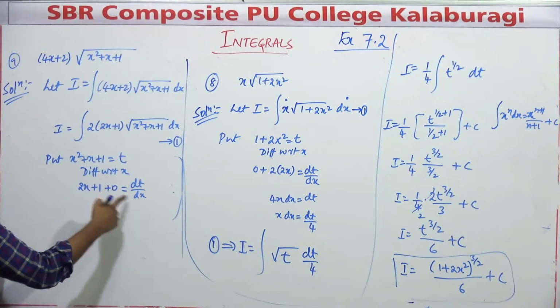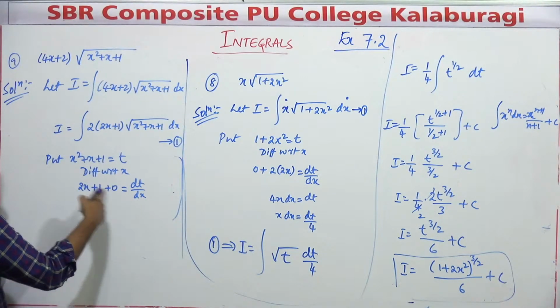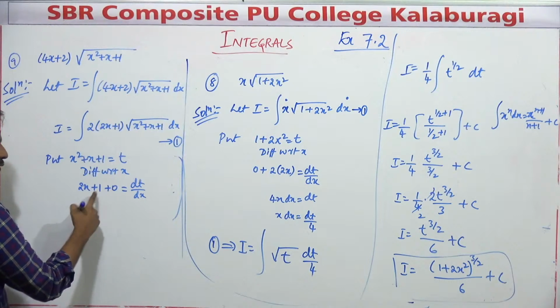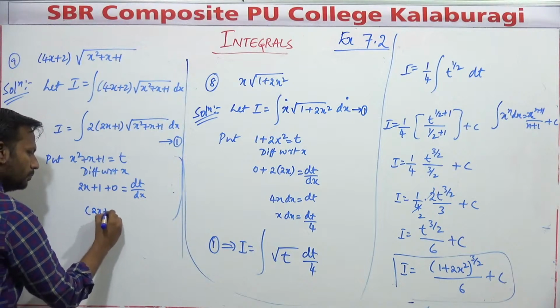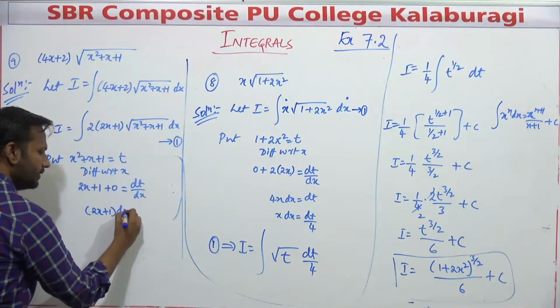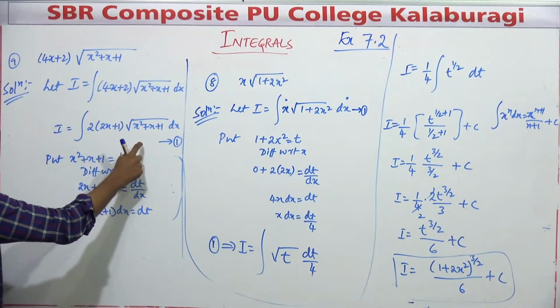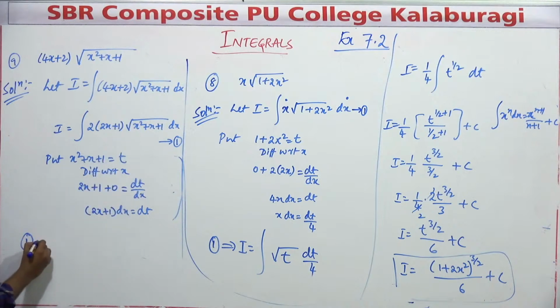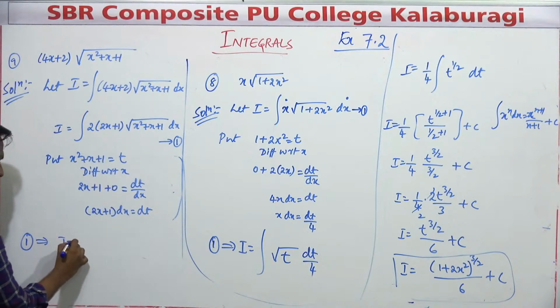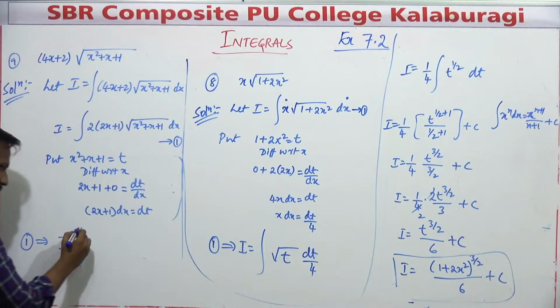Cross multiply and send it to the LHS: 2x plus 1 into dx equals dt. Replace all these things in equation 1.